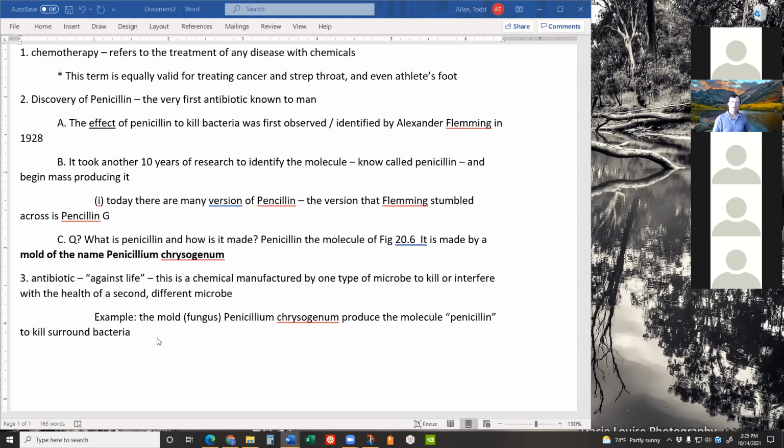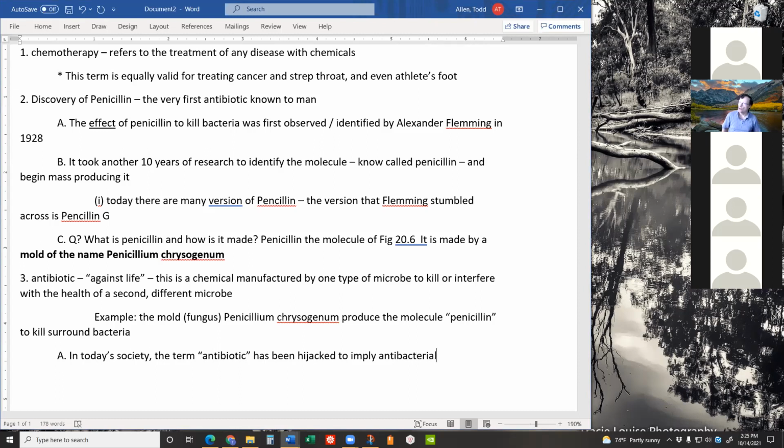So antibiotic means against life. It's when a chemical is made from one type of microbe to kill or interfere with another type of microbe. In today's society, the term antibiotic has been hijacked to imply antibacterial.